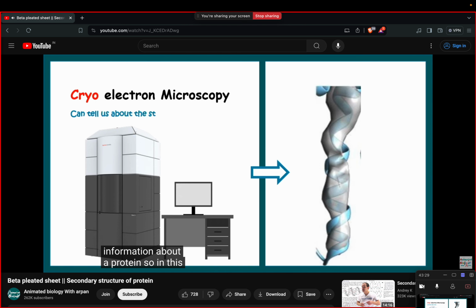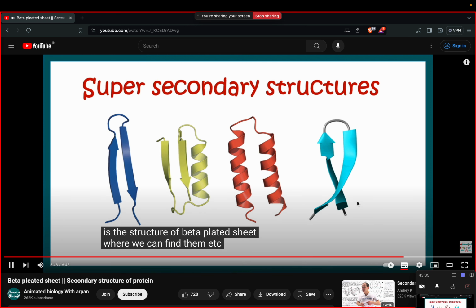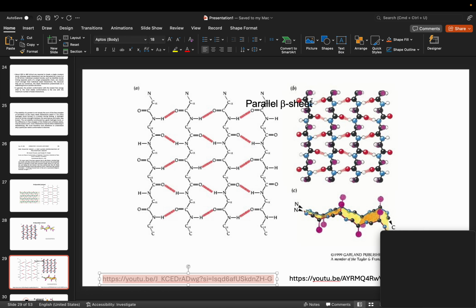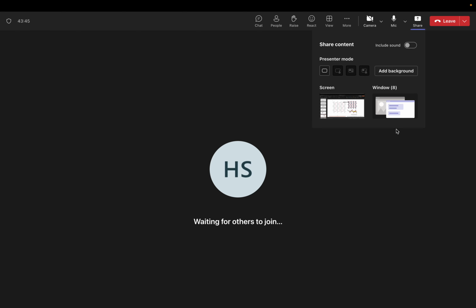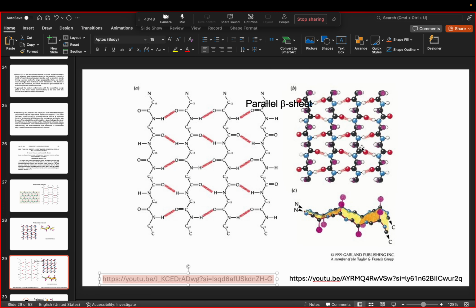So, in this video, what we have learned is the structure of beta pleated sheet, where we can find them, etc. So this is another major secondary structure, that is the beta sheet. And even in the beta sheet, there are multiple orientations like parallel beta sheet, anti-parallel beta sheet.